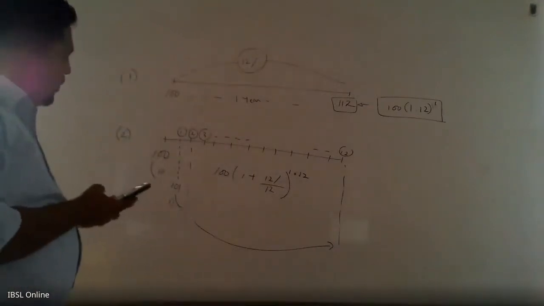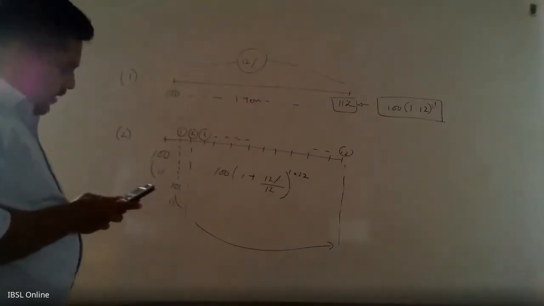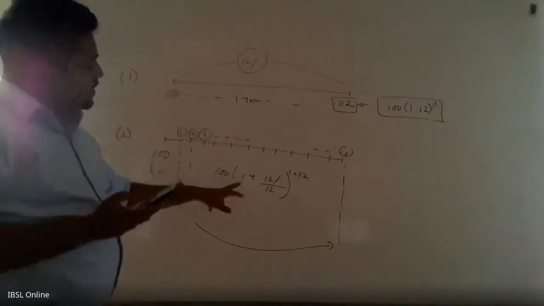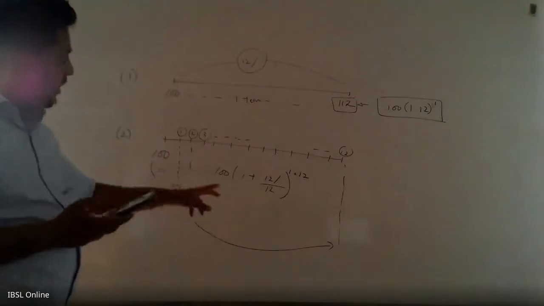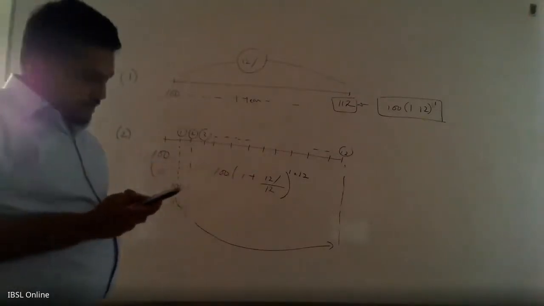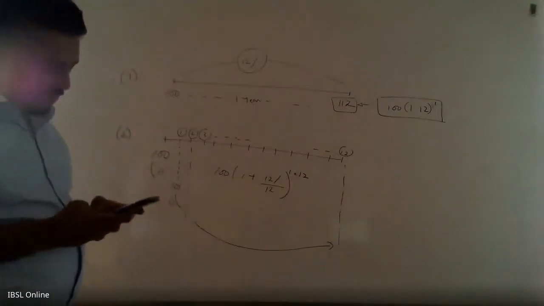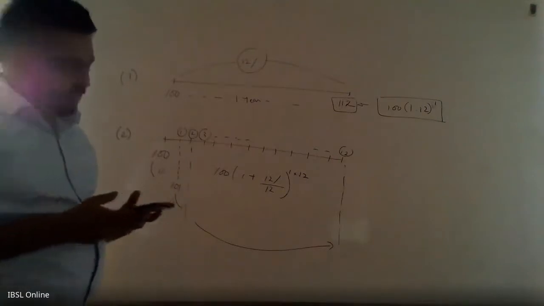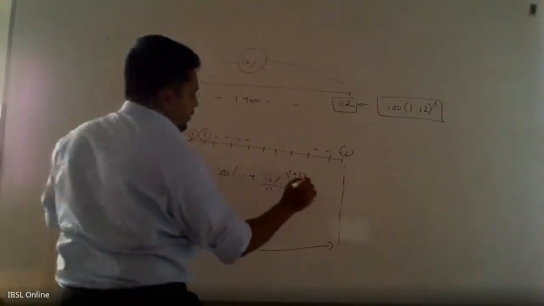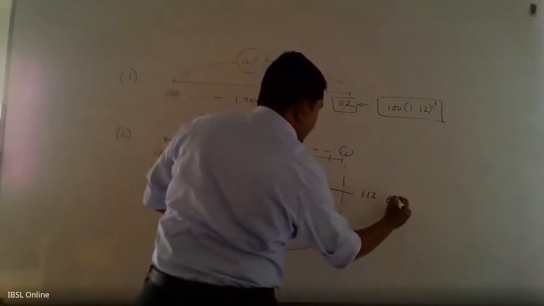We'll try to compute that value and see what we can observe. So this is going to be 1 plus 12% divided by 12, which is 1%, that means 1.01 to the power of 12, multiplied by 100, is going to give me a value of 112.68.